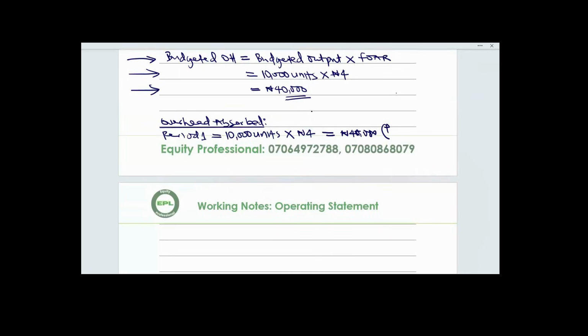You can say the overhead is correctly absorbed because the budgeted overhead and overhead absorbed to product are equal. 40,000 equals 40,000. No issue in period 1. So in period 1, just put a dash. There's nothing like under or over.